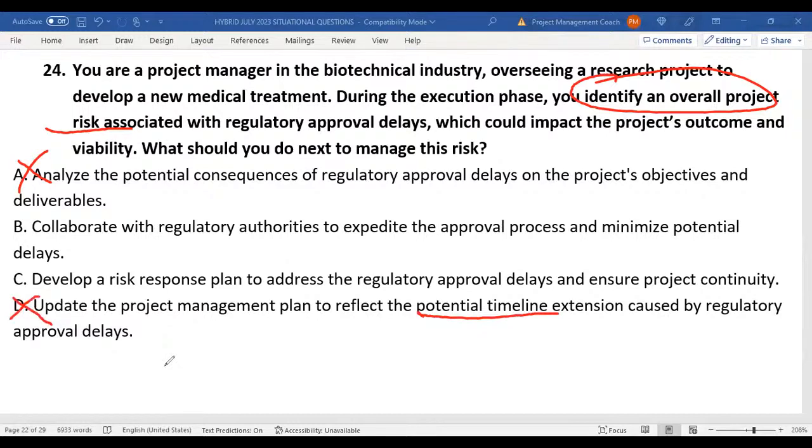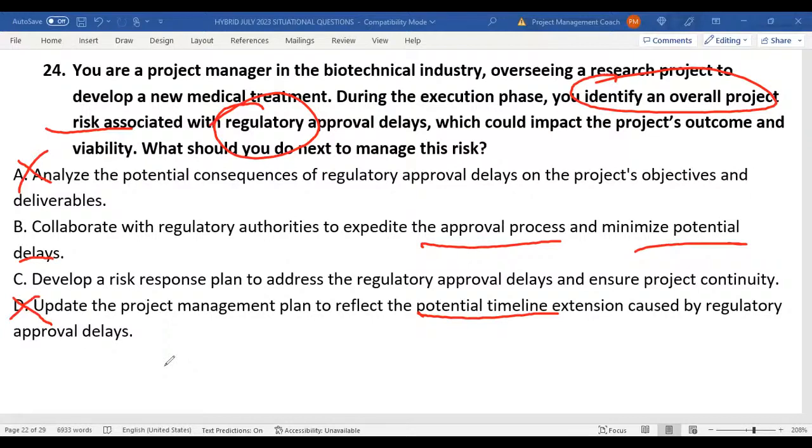As usual, it boils down to two. B, collaborate with the regulatory authorities to expedite the approval process. Minimize potential delays. Let's think about this very carefully. You're talking about a regulatory situation. Imagine looking for regulatory approval from the likes of the FDA or some other body like OSHA.